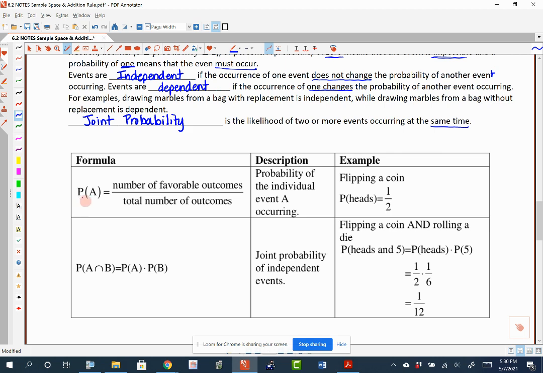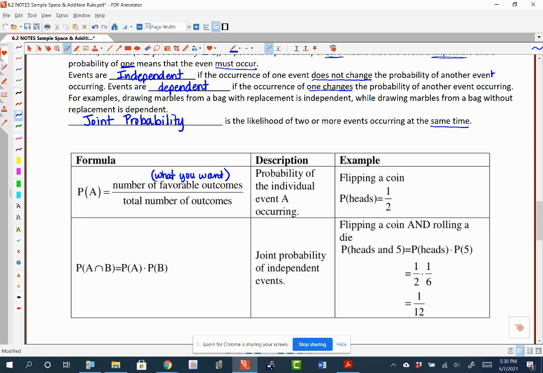So what's the probability of A happening, whatever A happens to be? So we are going to make a relationship. The likelihood of something happening is the number of favorable outcomes, or in other words, what you want to happen, over the total number of possible ways. Like, what is the total number of ways that we could do this?